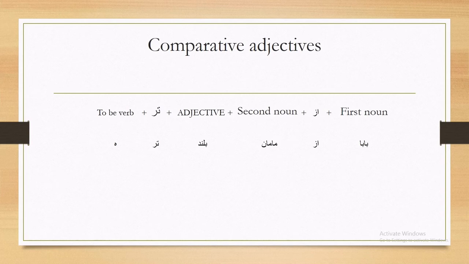Okay, so we use the first noun, then as. In other words, we use both nouns and use as between them. After that, we use the adjective plus tar plus to be verb.